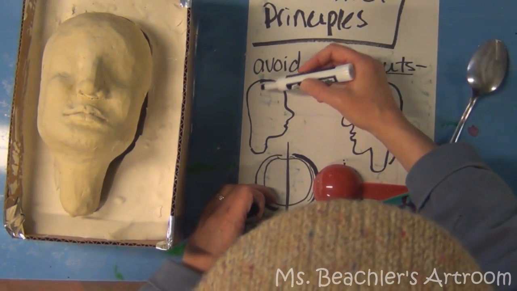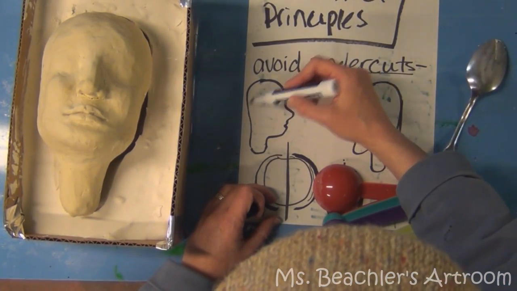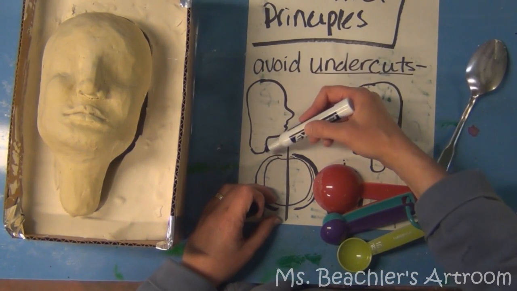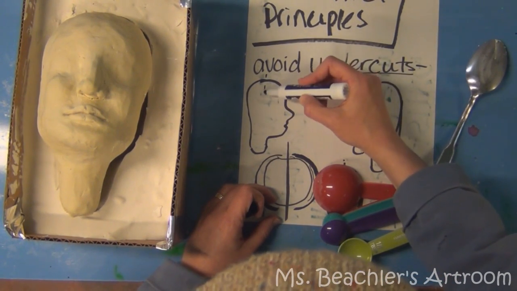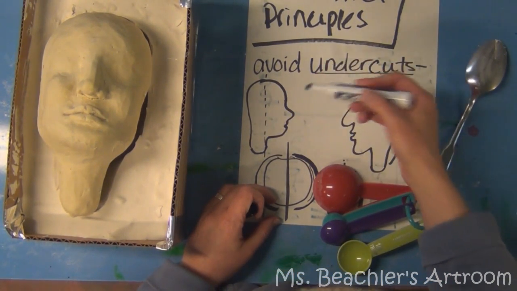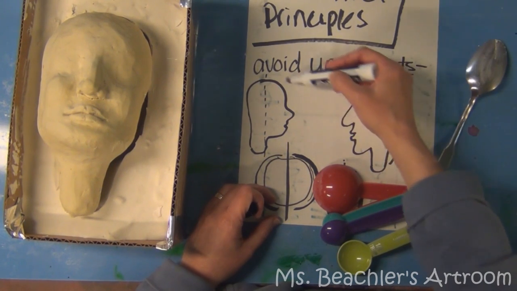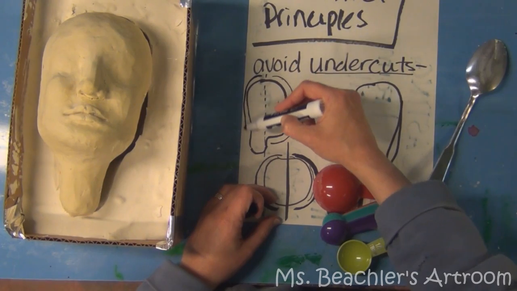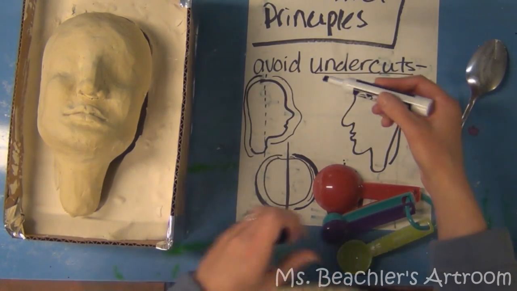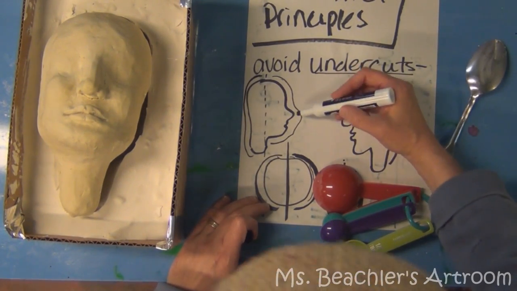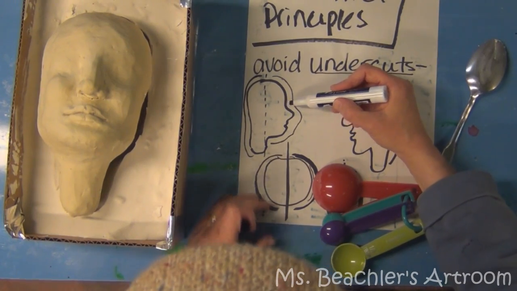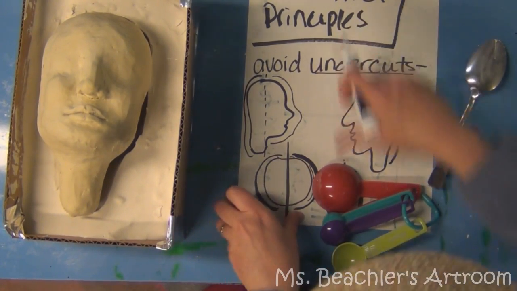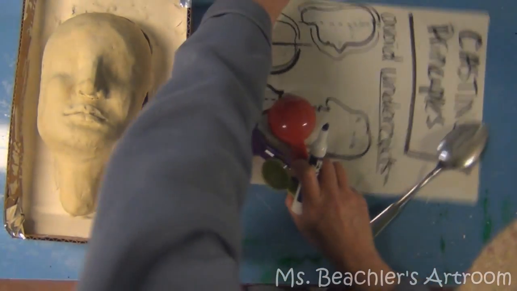But if we were going to create a mold for this face, if we divided it in half like this, so that we did the face for one mold and then the back of the head for the other mold, that would be fine, okay? Because you can just kind of imagine, in fact we'll turn this.